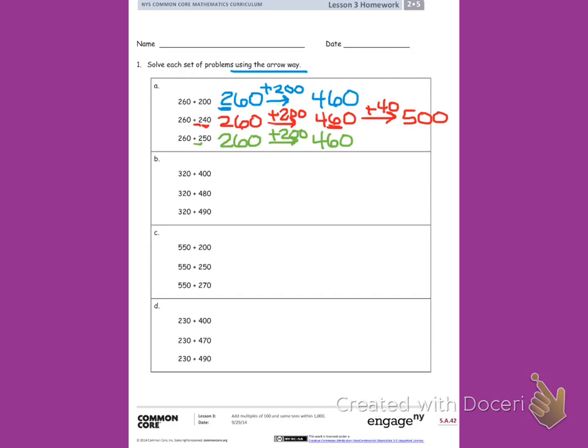Now look at the number in the tens place, that's a 5. 5 groups of 10 is 50. That means I have to go up 50. Well, I already know that if I go up 40, that makes it 500. And 50 is 10 more than that. So if I go up 50, that makes it 510.